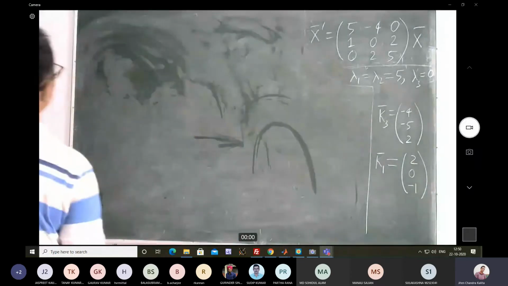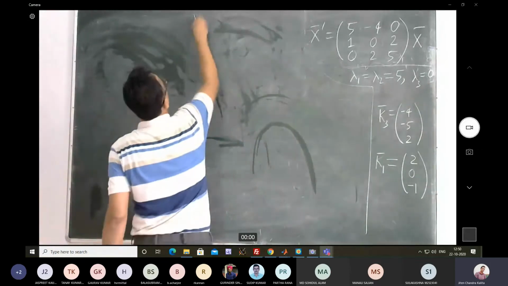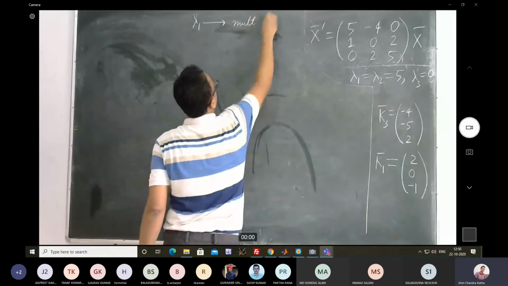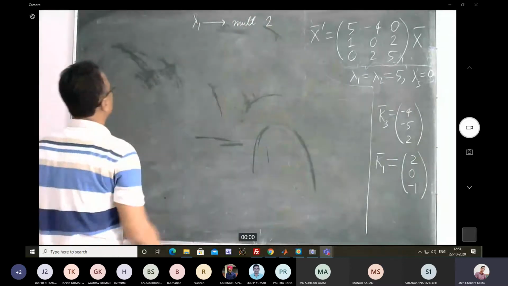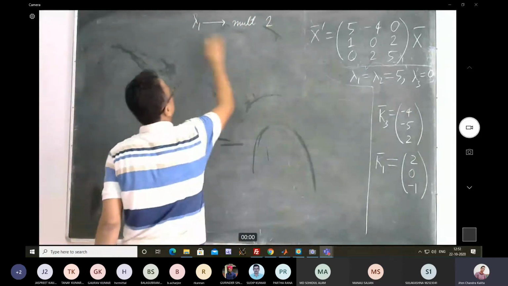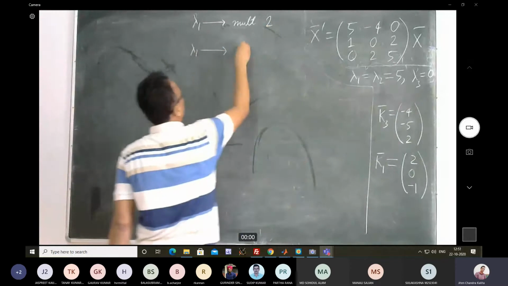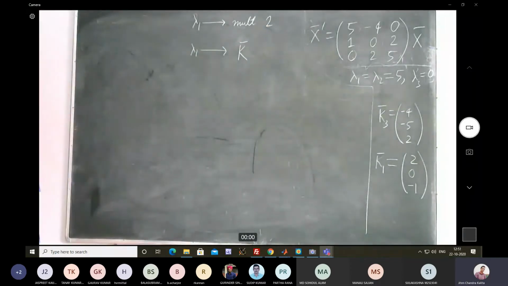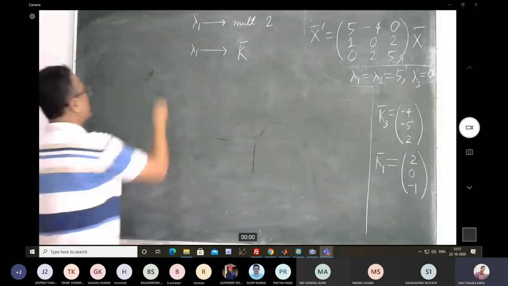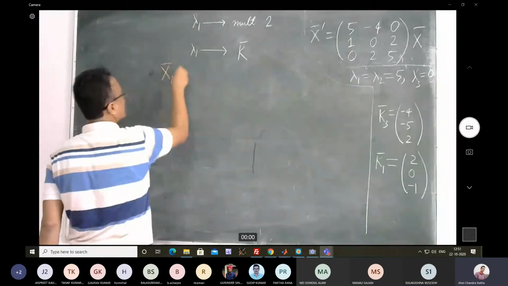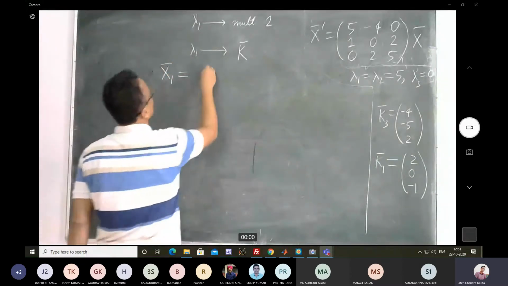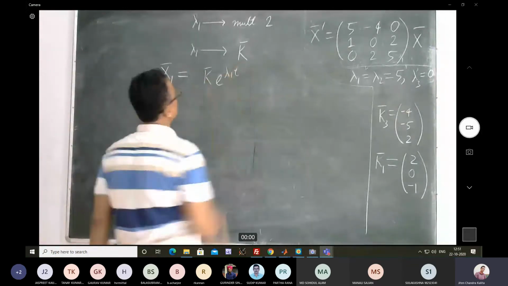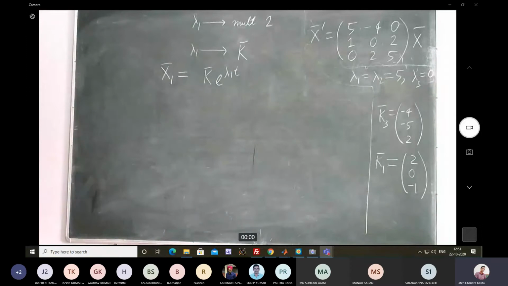You don't need to worry about it. So suppose lambda 1 has multiplicity 2, and corresponding to this lambda 1, I have already found an eigenvector k bar. That means x1, I can easily write as k bar e to the power lambda 1 t.